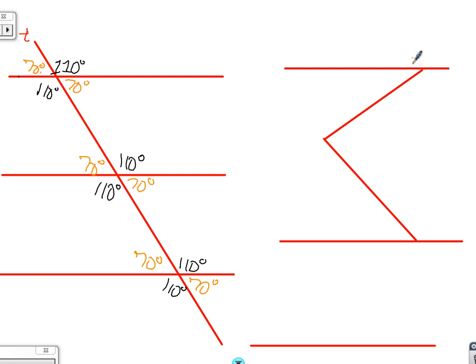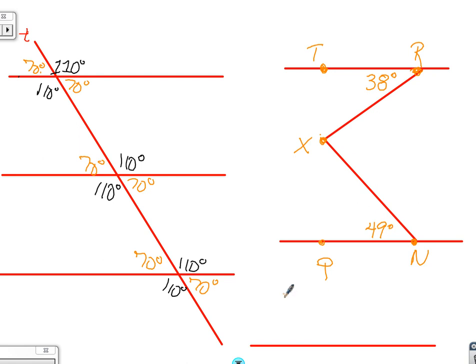I'm going to tell you that the measure of angle TRX is 38 degrees. And the measure of angle XNP is 49 degrees.